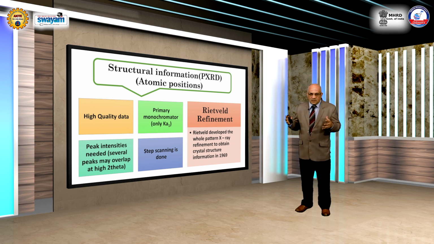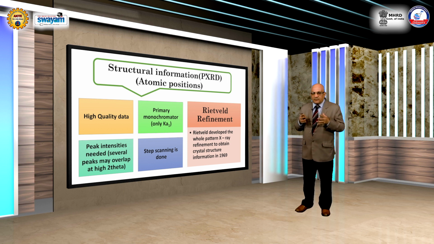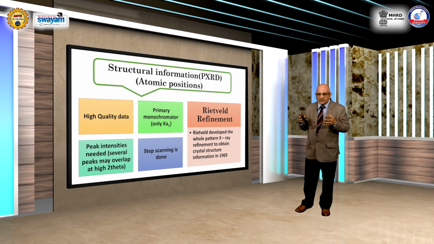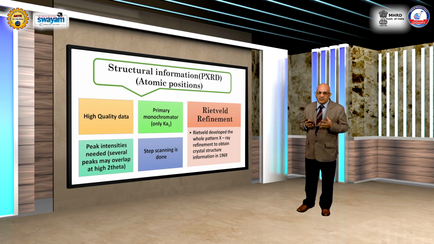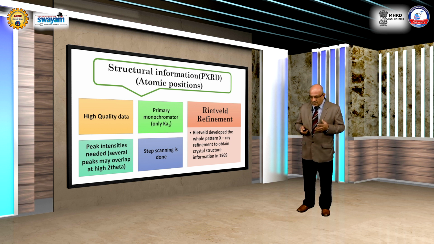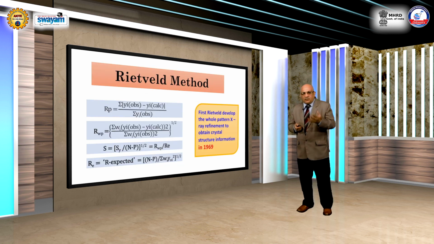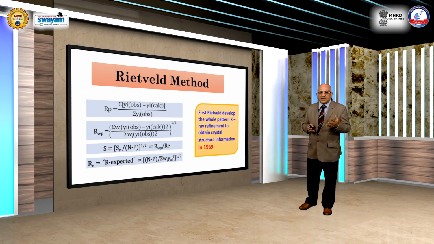And this whole program of doing Rietveld refinement was developed first by Rietveld, and it has gone through a lot of development, but the first requirement is that you need very high quality powder X-ray diffraction data, where primarily we need a very precise wavelength of the X-ray, and typically you use primary monochromators. The method involves minimization of the differences of the various intensities at each theta value.